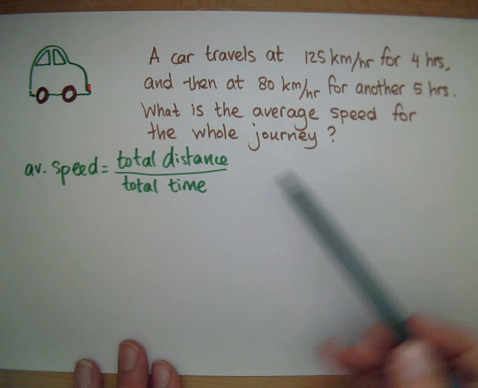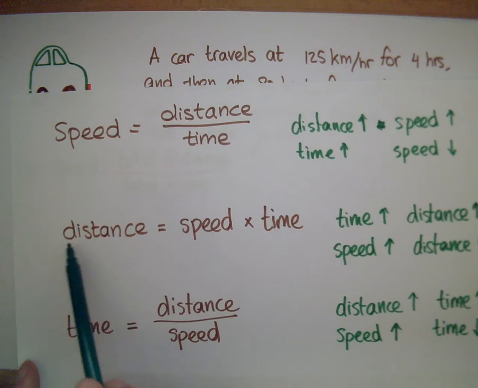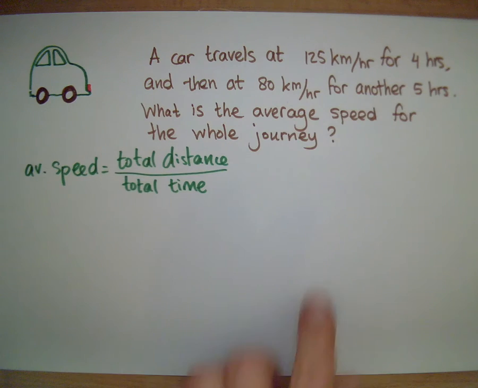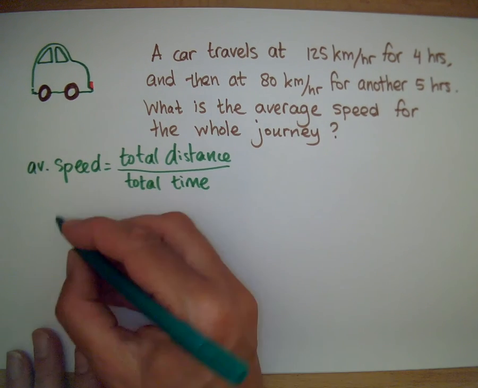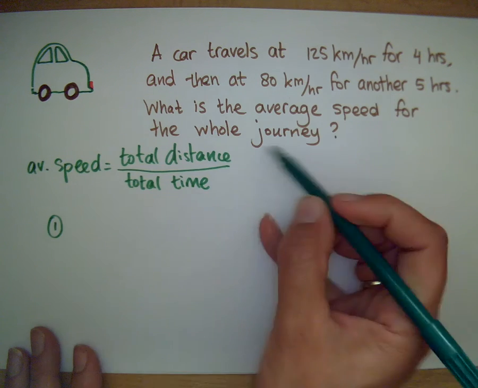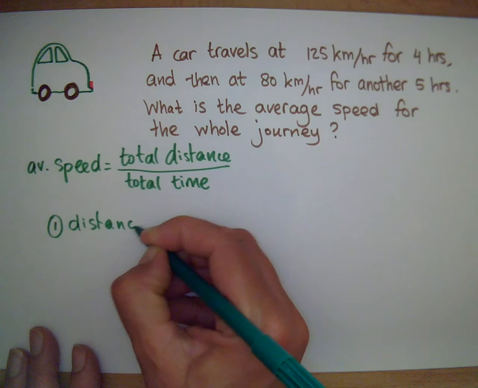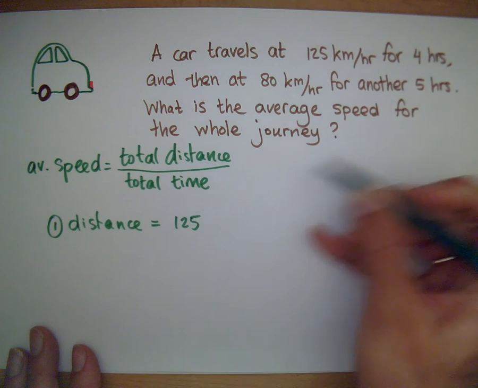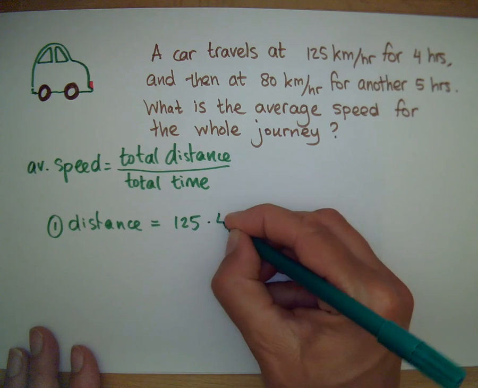To find the total distance, I actually need this. Distance equals speed times time, right? So let's figure out how far I went in part 1. The distance equals speed times time, so 125 kilometers per hour times 4 hours.